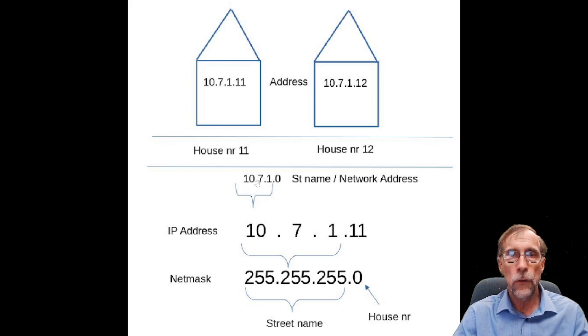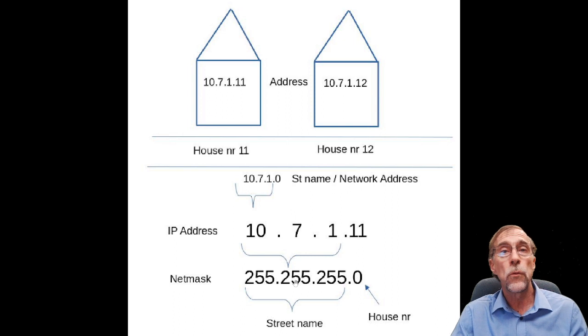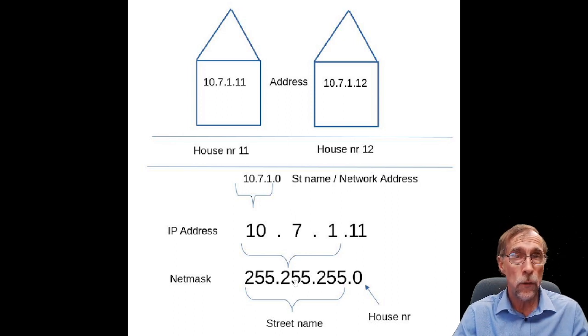In this case, it's 10.7.1, because it corresponds to those entries. And of course, the house number is then 11. Alright, and once again, we're not going to use net mask concepts here, but I'm including that because when we cover topics coming up later, this will be important.